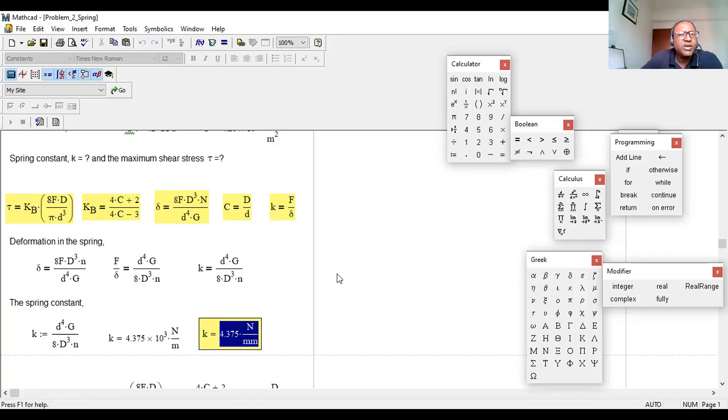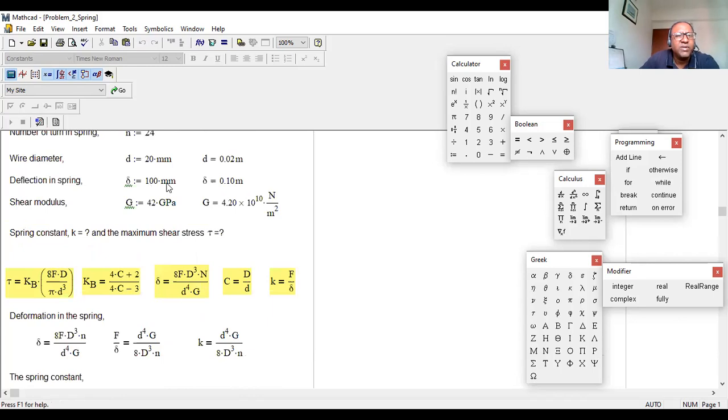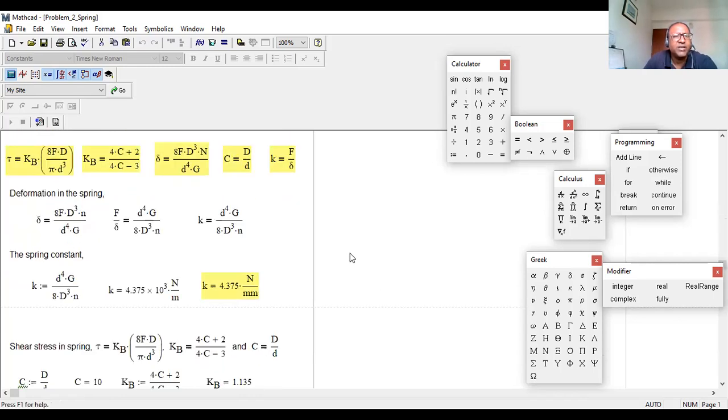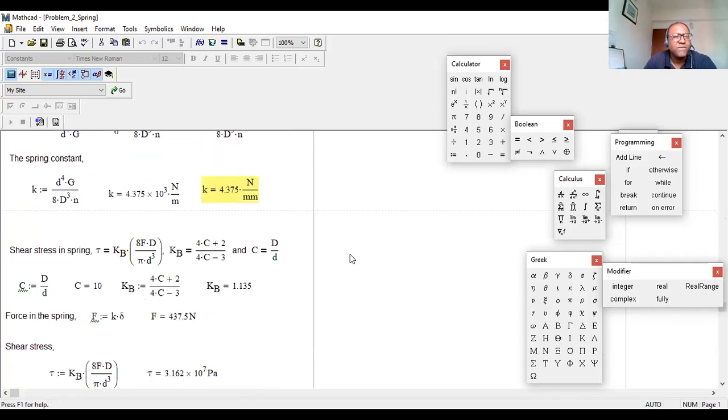So how much was the spring compressed? 100 millimeters. So for 100 millimeter, how much force did you need? You can easily figure out. So K equal to F divided by delta.